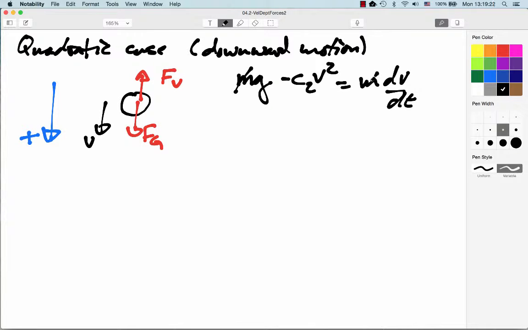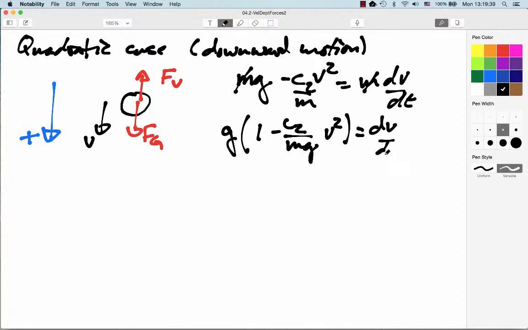Okay, we can cancel the m's if I divide that through by m, and I can rewrite that so I can pull a g out: g times 1 minus c2 over mg v squared equals dv/dt. Okay, we'll call that double star.